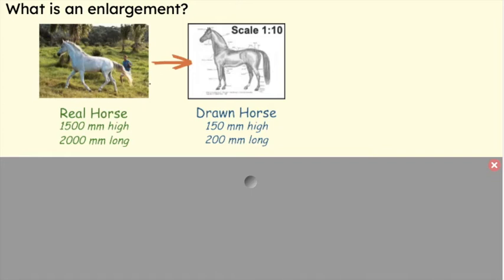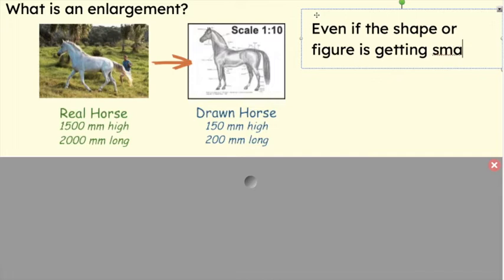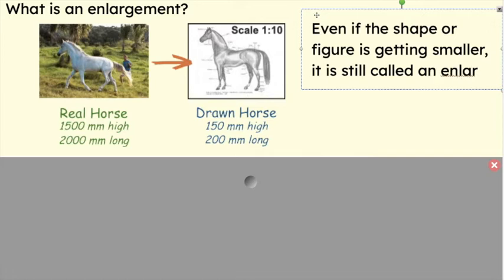So what is an enlargement? When do we use this? Well, if we have a real life horse and we want to make a picture of it, we make a scale drawing, and that's actually called an enlargement. An important thing we're going to talk about is that even if the shape or figure is getting smaller, it is still called an enlargement.